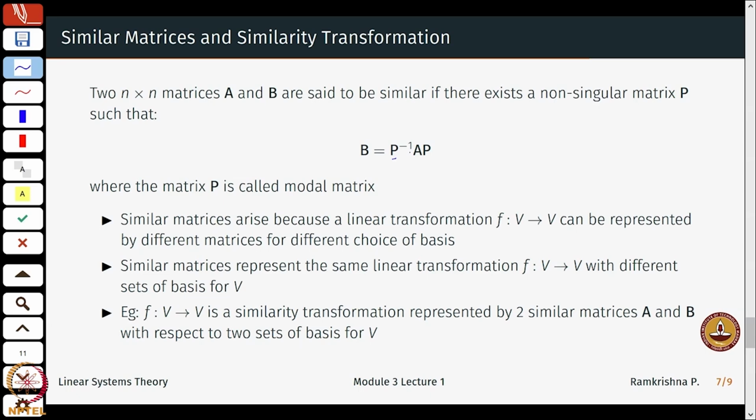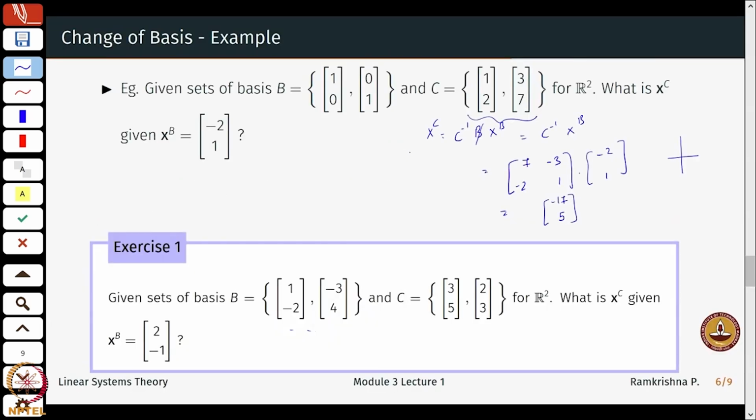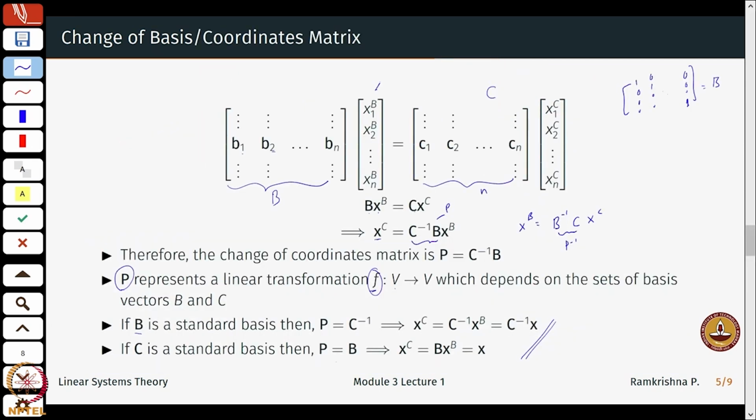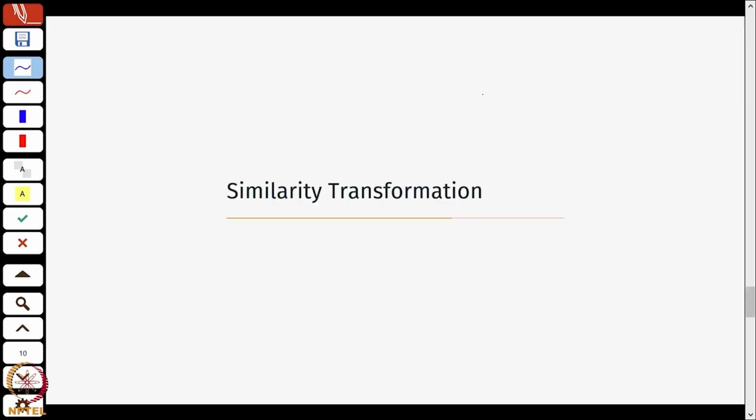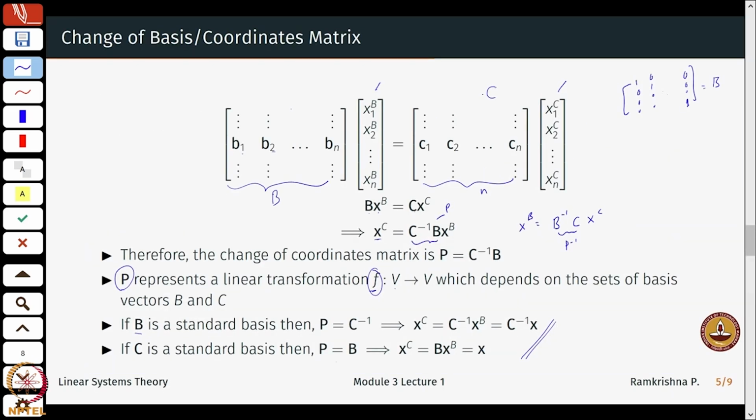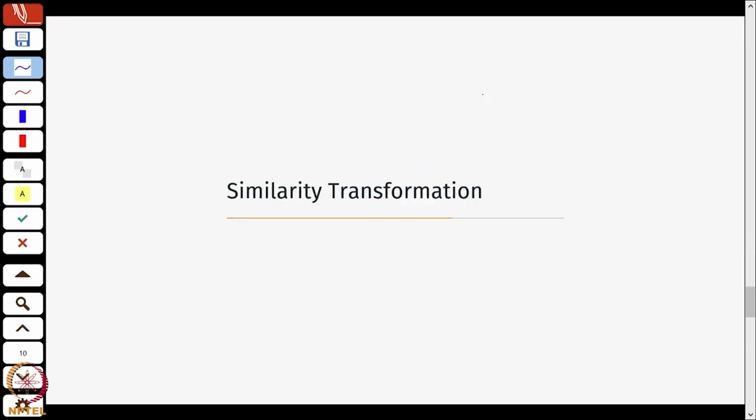These arise because a linear transformation can be represented by different matrices for different choices of bases, as we saw here. We had two bases, so for example, if these coordinates had a basis given by the matrix B, this vector had a set of basis vectors represented by this matrix C. Essentially we are doing a special case of this one.